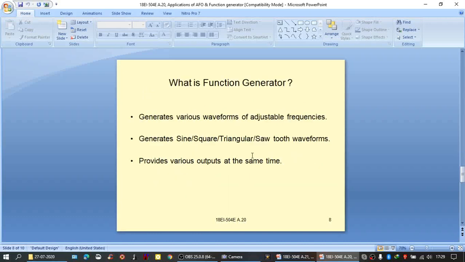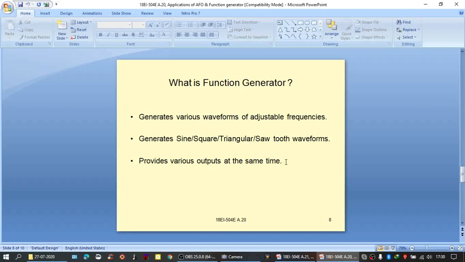Next is a function generator. Function generator is a more versatile instrument when compared with AFO.